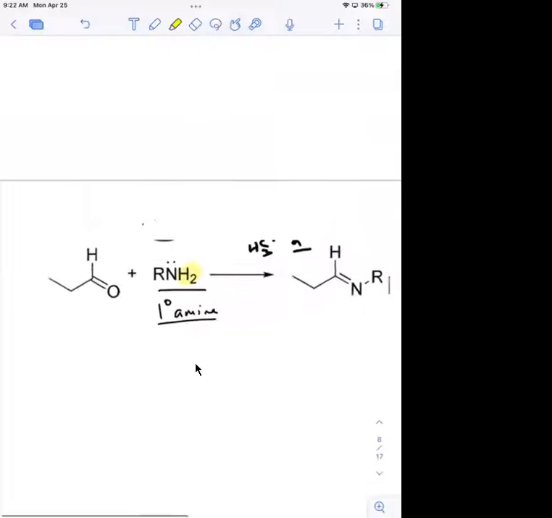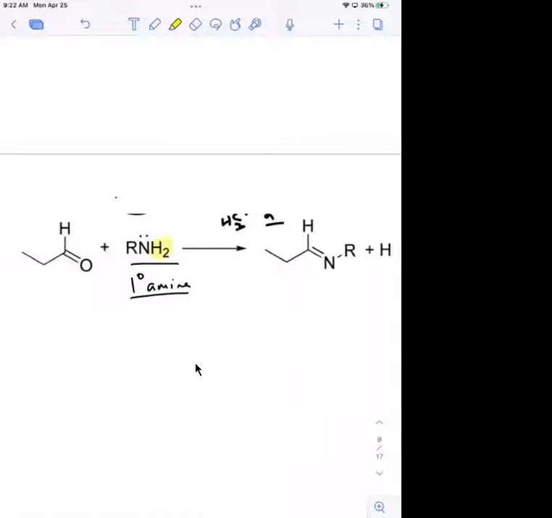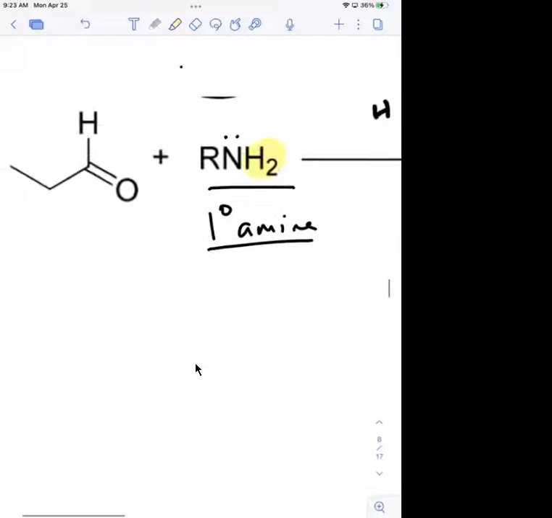If you'll notice in the product, I'm going to show you a way to predict the product, even if you don't know the mechanism. But at this point, we should be well versed in identifying nucleophiles and electrophiles. All the reactions that we've done have involved the carbonyl as an electrophile, and whatever is reacting with it is your nucleophile.